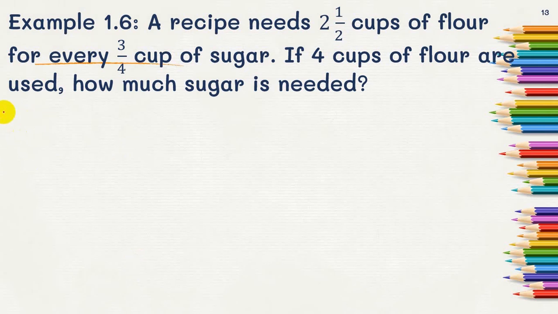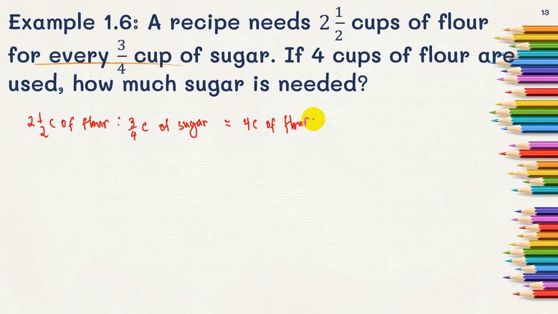The first ratio is that for every 2.5 cups of flour, the chef will be using 3/4 cup of sugar. And then for every 4 cups of flour, the chef will be using, that is unknown.